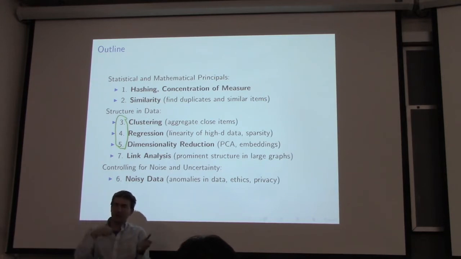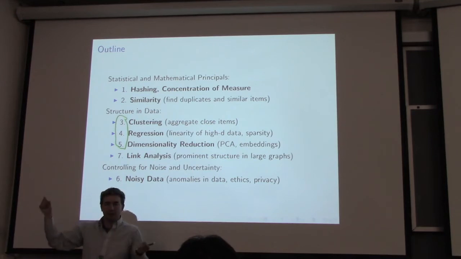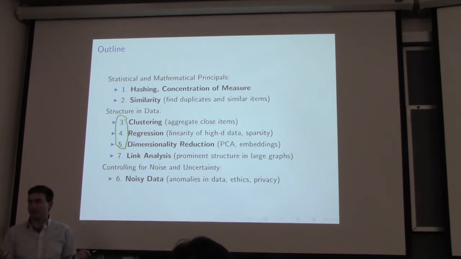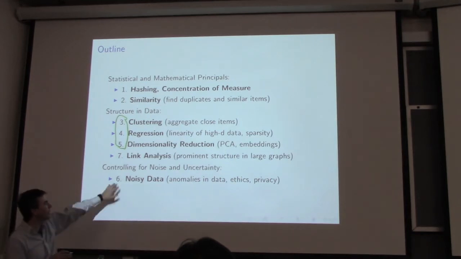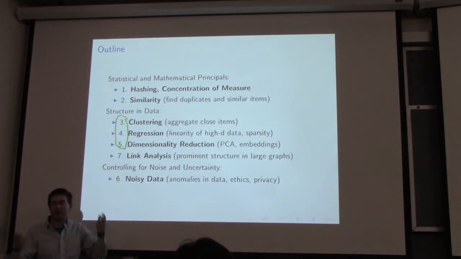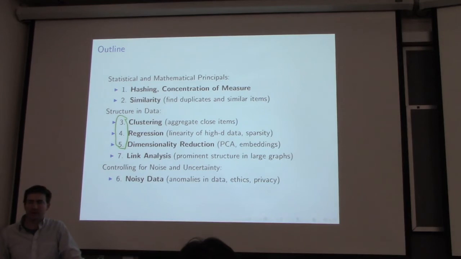So on Facebook, you're friends with someone else, both are objects in the graph, and there's an edge between you. How do I make sense of this sort of structure instead? This didn't fit in that diagram on the previous page, these graph analyses. And we'll also talk about noise and uncertainty in data and some ethical issues that arise in dealing with all of this.